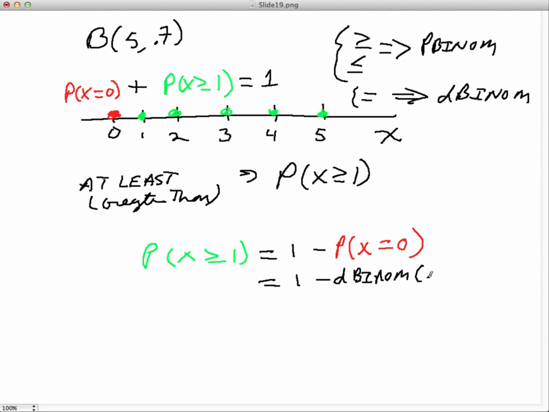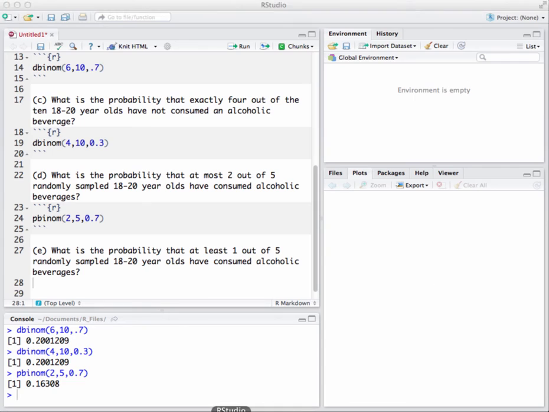Well, let's see. How do we go about doing this again? Well, I need to give it the value that I want. Well, that's going to be 0. The number of trials is 5, and the probability of success is 0.7. Okay, so let's go back to RStudio, and let's go ahead and do that. So go ahead and insert a chunk.